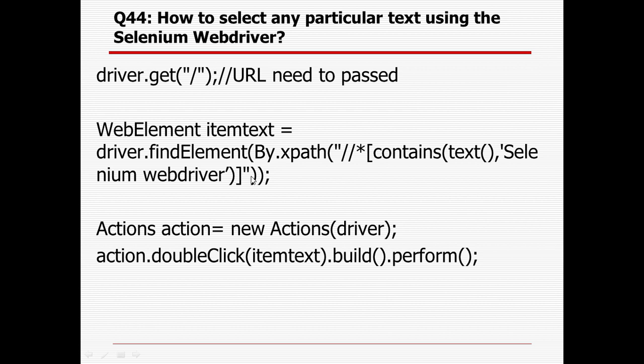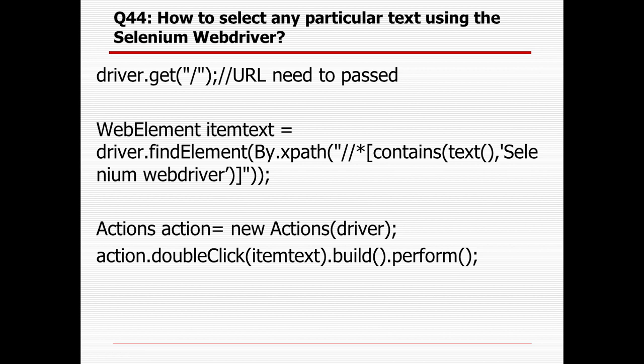Once we identify the text using the XPath, we can store it in a web element. Then we need to use the Actions class available in WebDriver. We need to create an object instance, new Actions(driver), and then using the Actions instance we need to double click, provide the particular text web element, and build and perform it so that it will be taken.